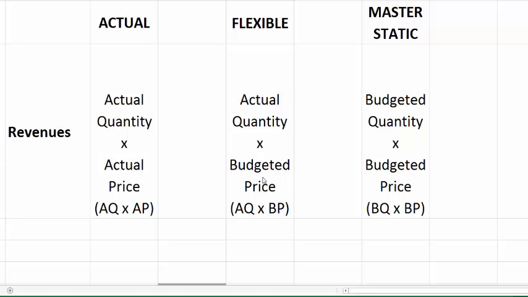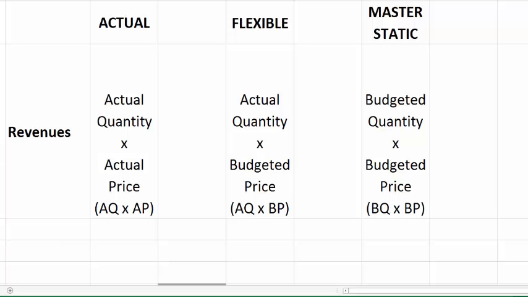Now, we can go and calculate the differences between these three columns. If we do that here, we're going to have a sales volume variance. And over here on this side, we would have our flexible budget variance. And we could have a row specific just to the revenue differences.